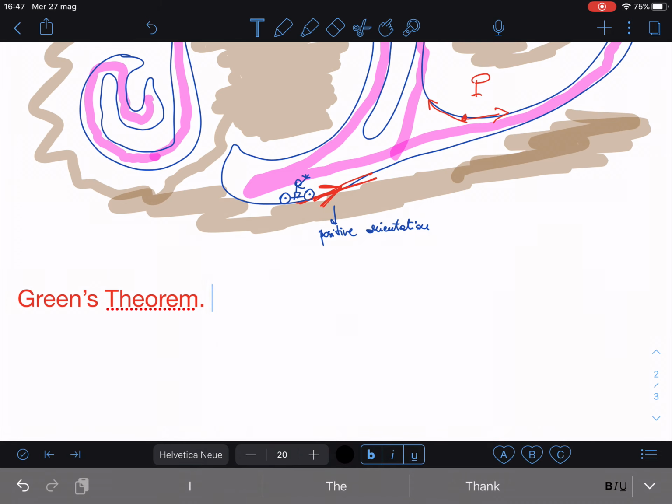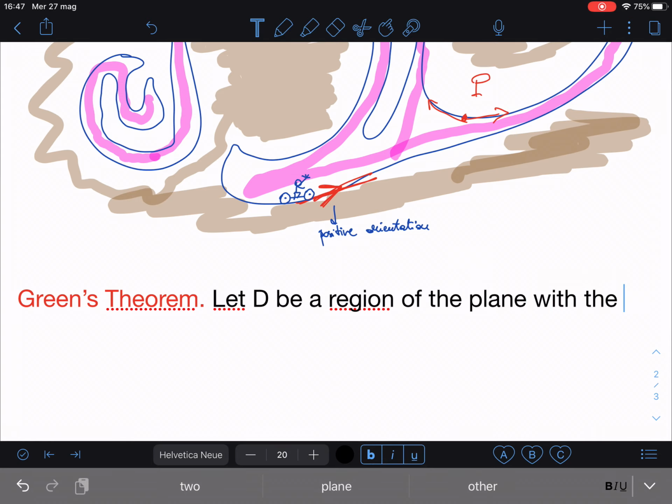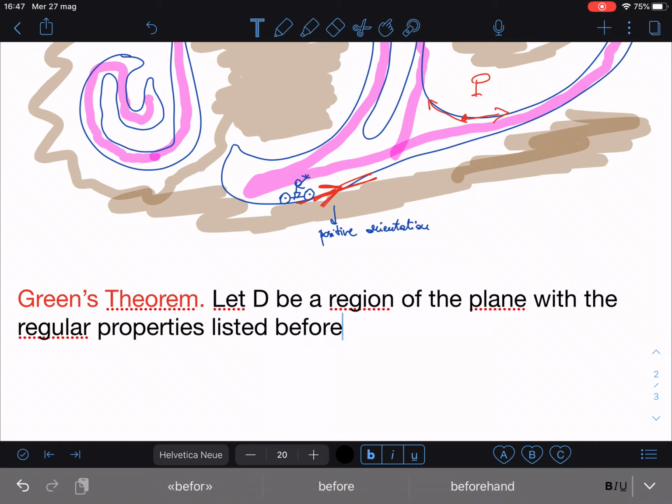So let D be a region of the plane with the regular properties listed before, and C be its boundary.